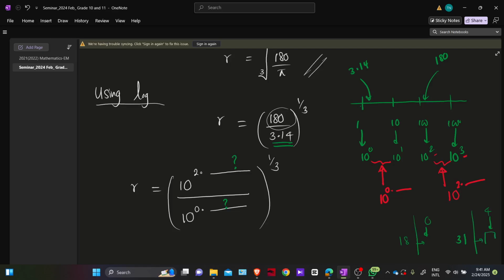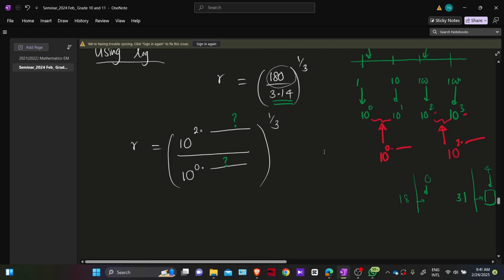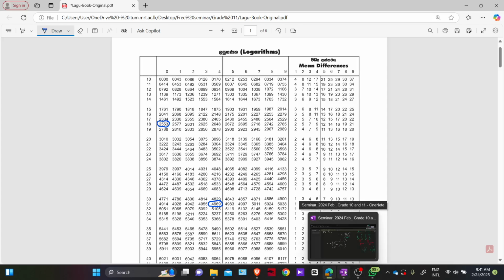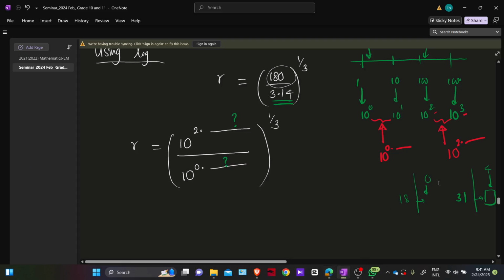You need to grab that value. Let's find those answers. 18 0 and 31 4. 18 means this value, 31 4, this value, 2553 with 4969. I'm going to use it.